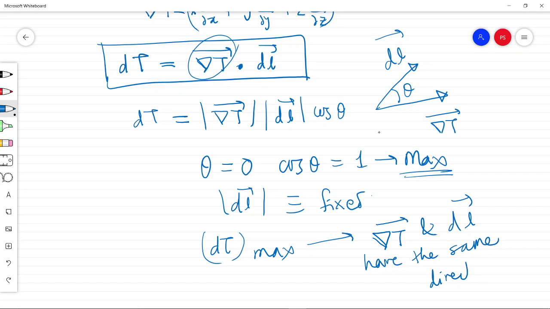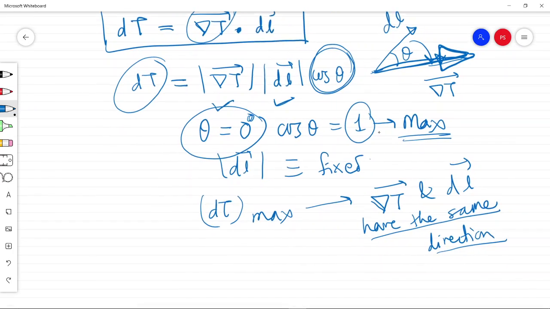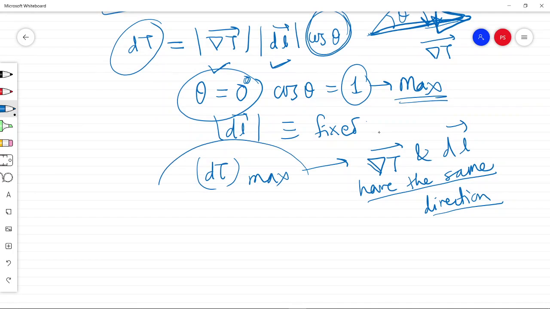Maximizing cosine theta maximizes dt, and the maximum value of cosine theta, which is 1, corresponds to theta equal to 0 degrees, which means del t bar and dl bar are along the same direction. That's what we have interpreted. So this also gives us the maximum change in t.